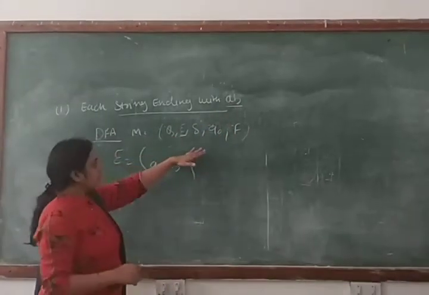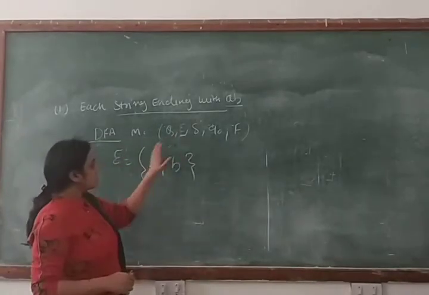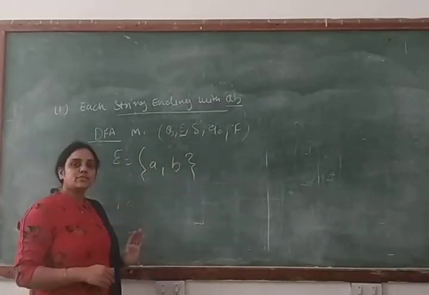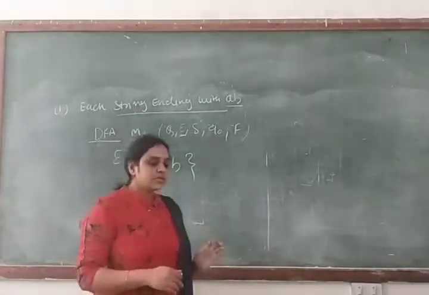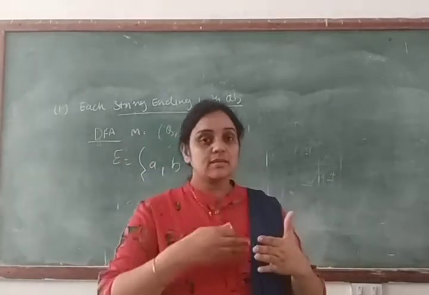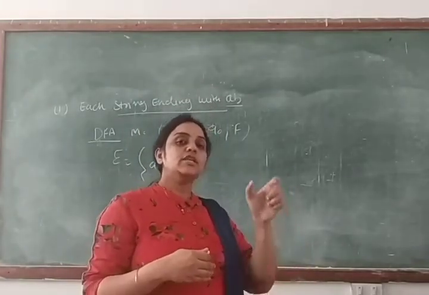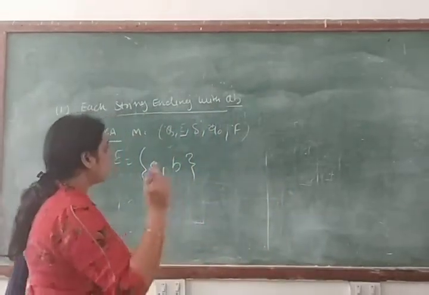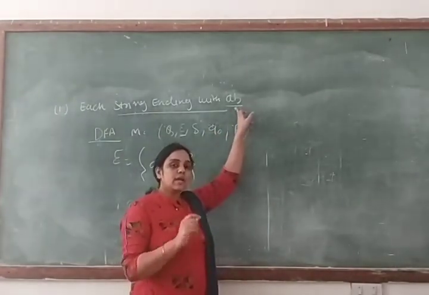In the formal definition of DFA, sigma is small a and small b. Clear? Whenever we make a machine for this type of question, it basically depends on starting from the smallest length string. So first we have to find out the smallest length string. What will be your smallest length string if you make a machine using input symbols A and B?